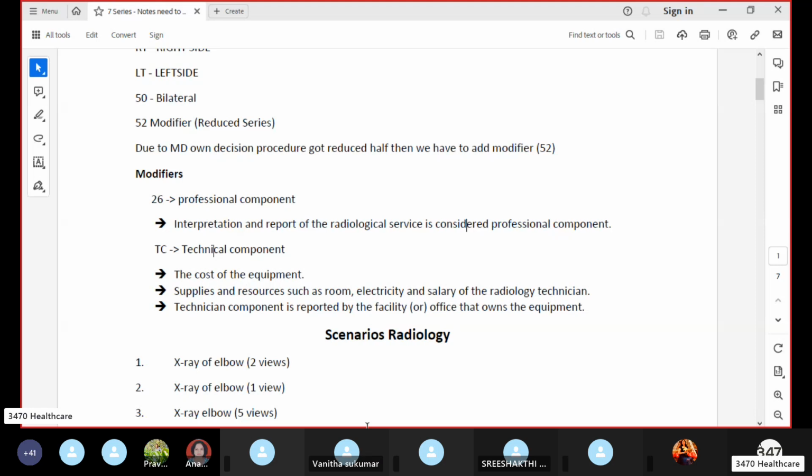So my question is, the provider is working in one hospital. There you are visiting for chest pain, and it is taken using the hospital equipment. The provider receives the report of the X-ray film. Now how will you report the provider's interpretation of the X-ray report? How will you report the provider?